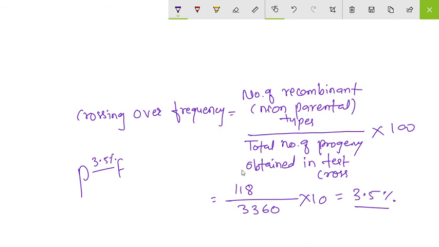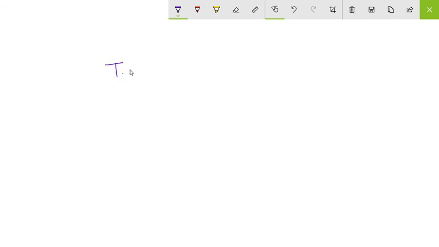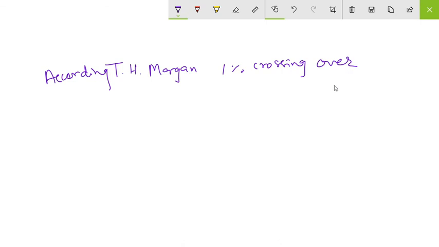According to T.H. Morgan, 1% crossing over is equal to 1 unit of distance between the linked genes, and that distance is calculated in 1 Morgan unit or 1 centimorgan.